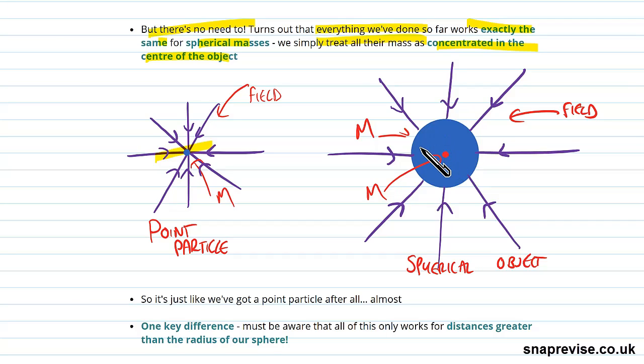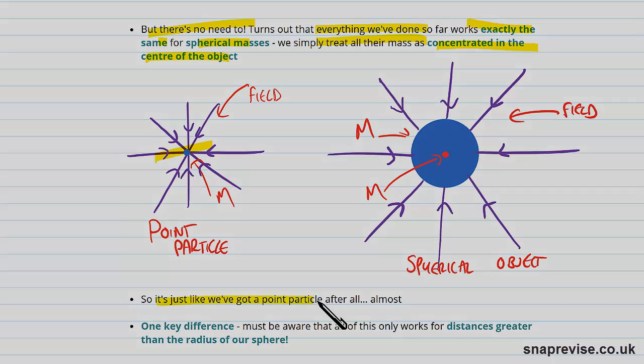So it works exactly the same as we did before. All the forces work exactly the same, we can use exactly the same force law, exactly the same stuff with potential. It's just as if the mass is concentrated at the centre of mass of this object. And otherwise, we can forget that we've got a sphere, and we can just pretend that we've got a point particle. So we don't need to worry about that. Up to a point, because actually it turns out we do. So it is just like we've got a point particle.